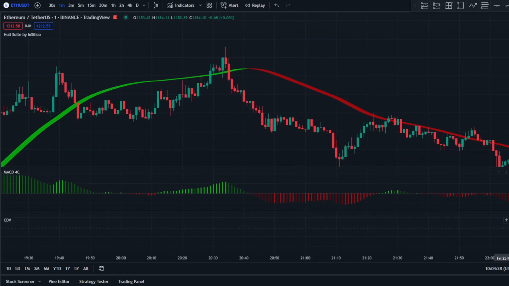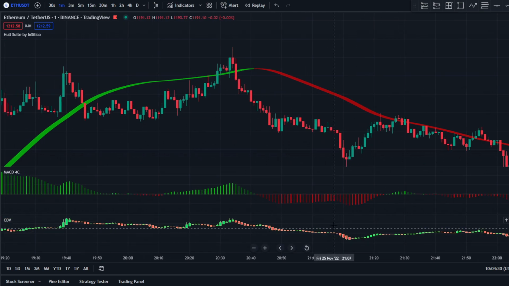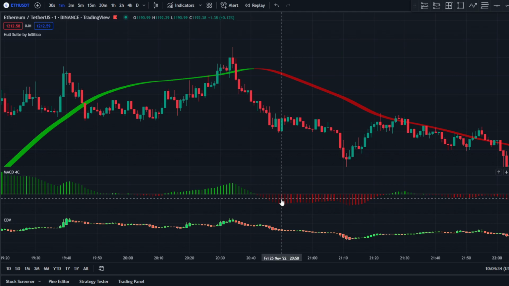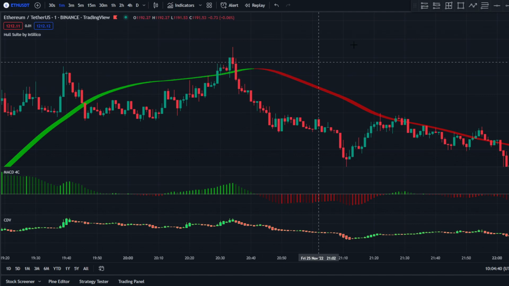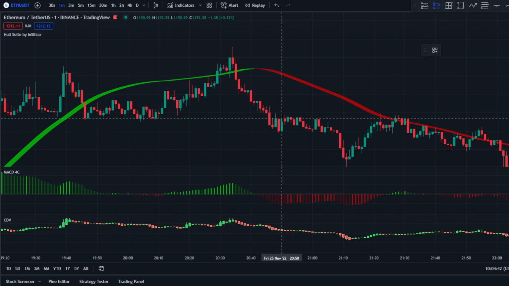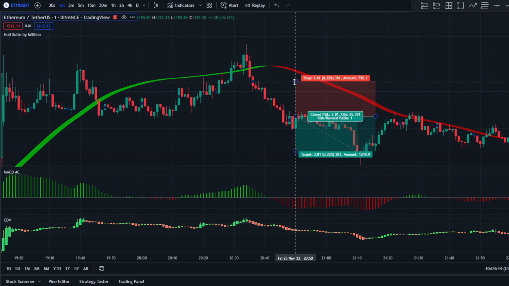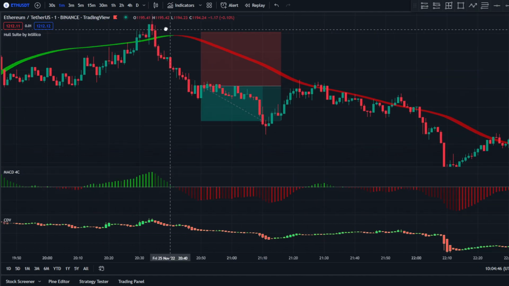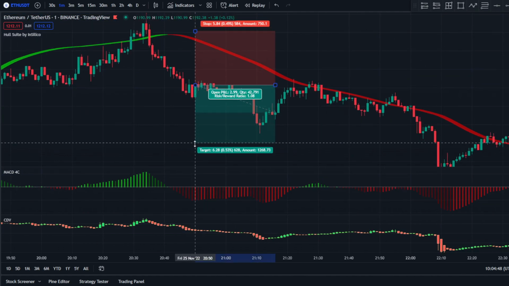Right here we have a valid position. You can see the price changing from dark red to bright red on this candle, and the CDV indicator is red in color. Price is also below the house sweep, and the house sweep is red, so it's a valid position. You can take a position right there, stop loss above the house sweep, and we take a 1.5:1.